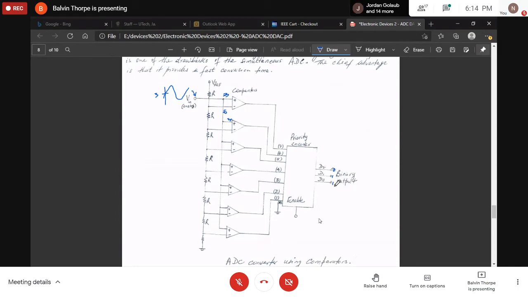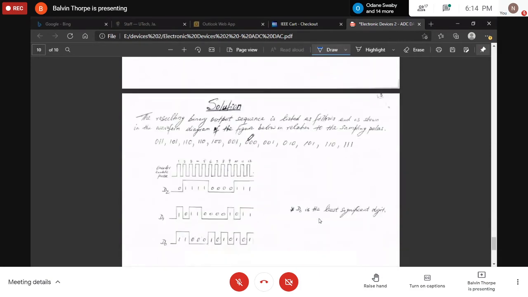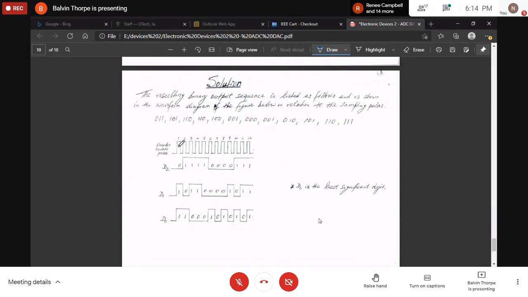Because this is 2 to the 0, which is 1, and this is 2 to the 1, which is 2. So this would be a 1 plus a 2, which will give you a 3. So that's why you will get this value at the output of the encoder. That's what happens right here. It sees for the first sample a 3. So the 3 would be 1, 1, 0.